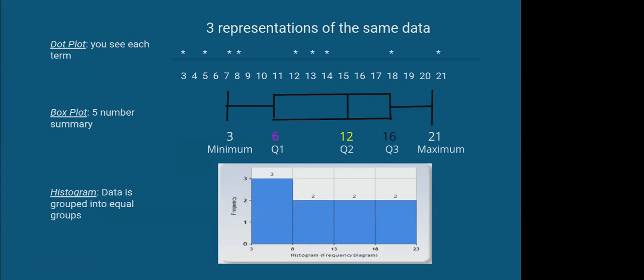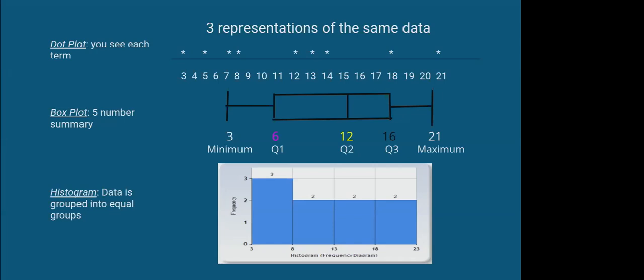So on Tuesday, I asked you all to graph the same set of data in two ways. And I didn't stress the third way, which was the dot plot, because the set of data that we had did not have any repetition. So there was not going to be too much activity on the dot plot. So that's what you see here.